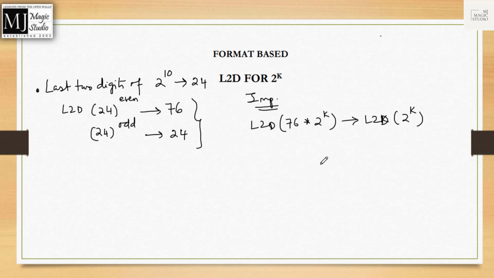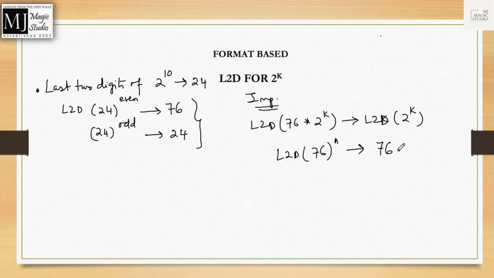Try to convert your big numbers into this format, 76 into 2 to the power k. This is nothing but the last two digits of 2 to the power k, because the last two digits of 76 to the power n are always 76.